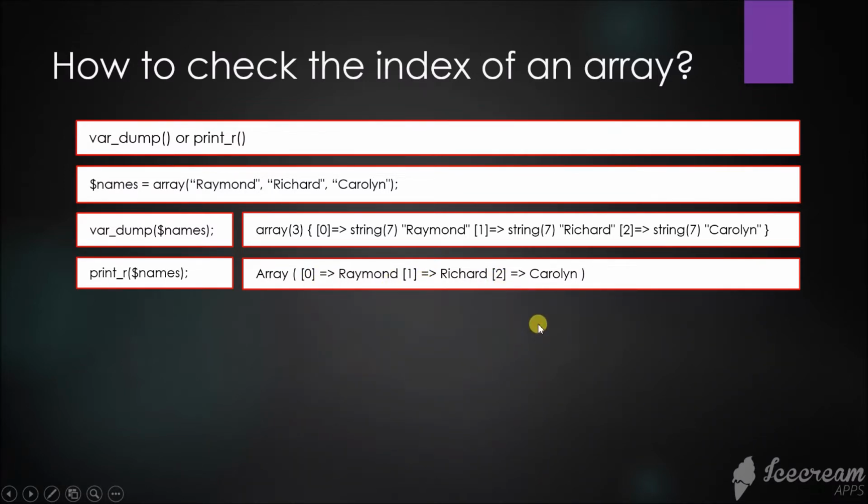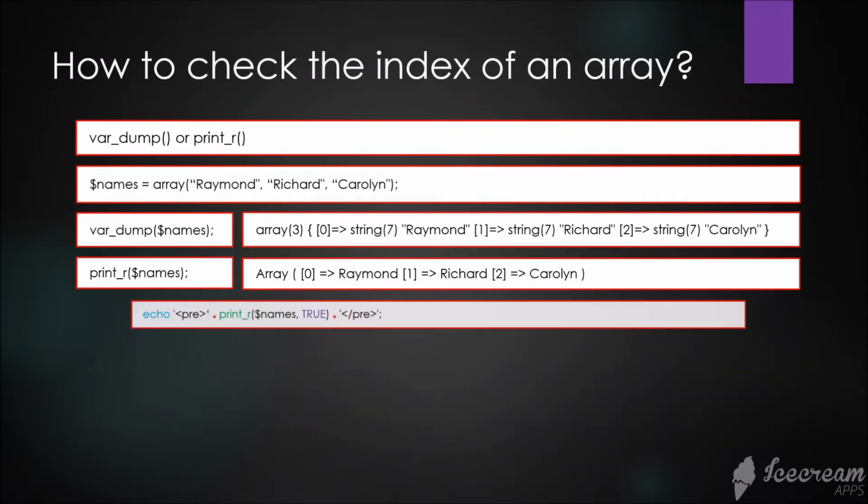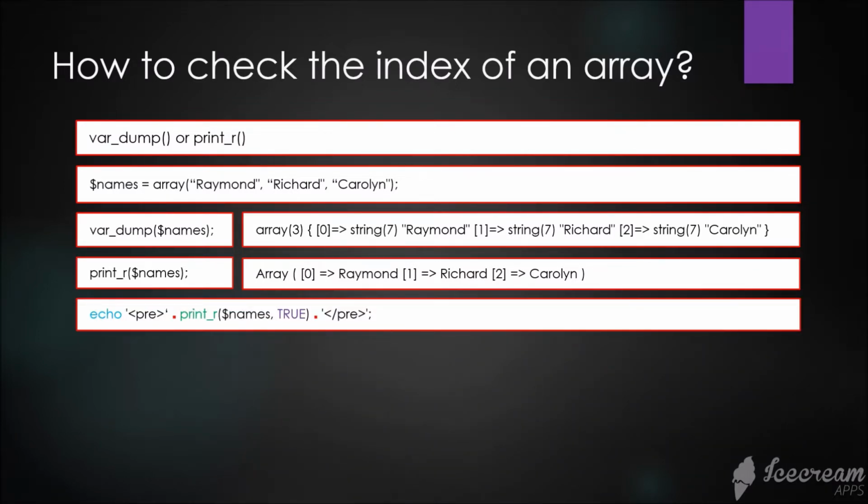Okay? So what if you want it to be more readable? With print_r, we can do this. Echo, then the pre-formatted tag, then print_r, names, and then comma, true, as the second argument.